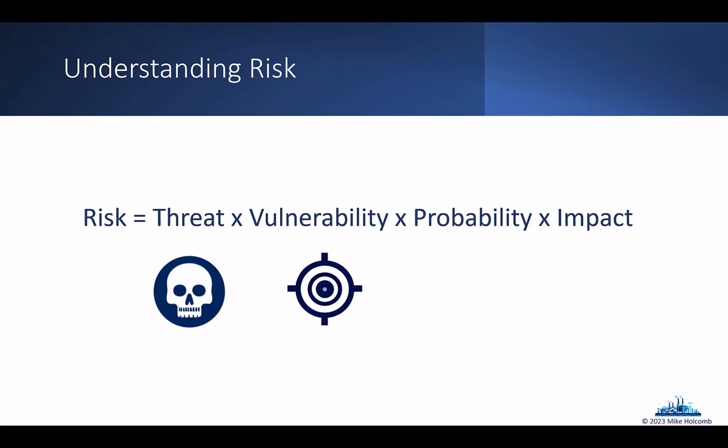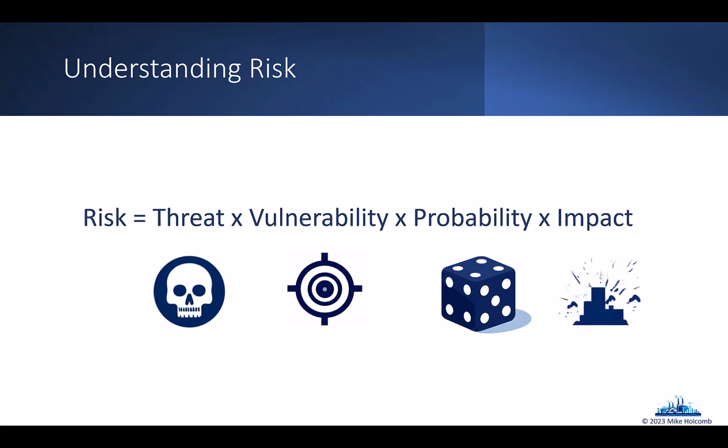Probably 1 in a billion, or let's say maybe 1 in a million. So again, there's this probability. What's the chance that an attacker is going to be able to do this scenario that we're talking about? And again, then it ultimately comes down to, well, what's the impact?